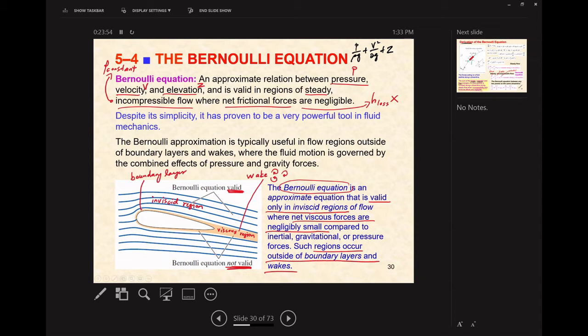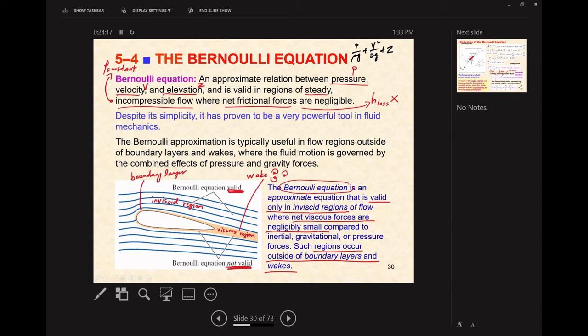When this happens, we create two regions: a viscous region and an inviscid region. Outside of this region, we call it inviscid. Inside this region, we call it the viscous region. The viscous region can be divided into two regions.